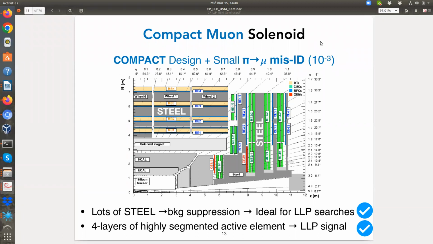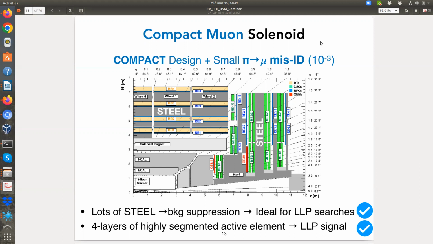It doesn't play any other role than suppressing background for pion-to-muon misidentification and returning the magnetic field. That was the main intention. It didn't have anything to do with long-lived particles when CMS was designed. But if you start looking at it, you realize it has lots of steel, which is good for background suppression. In this case it was for pion-to-muon misidentification, but it's also good for long-lived particles, so check mark.